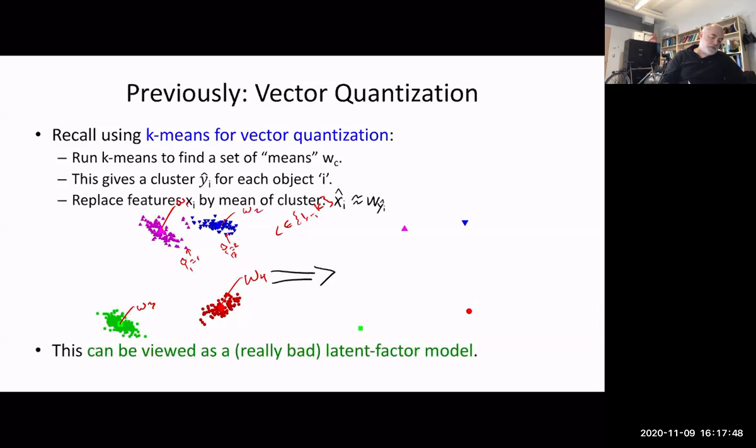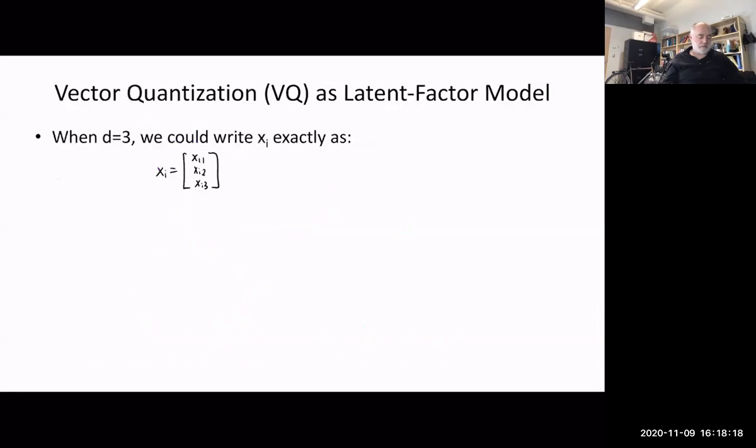And we said, when we do VQ, we replace the actual feature value of this point, for instance, if this is x13, we replace it with w3. We say that these are basically the same. So we summarize every one of these points with its mean, right? And we can sort of think of this as a really bad latent factor model.